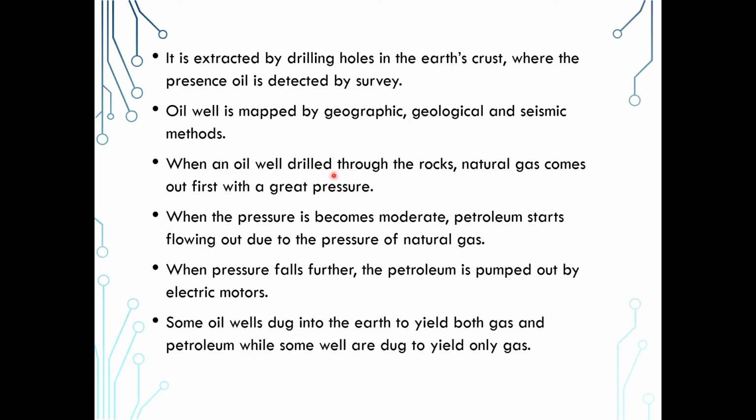If there could be a landslide in another place, they have to take all preventive measures to avoid any disasters. When the oil well is drilled through the rock, natural gas first comes out.